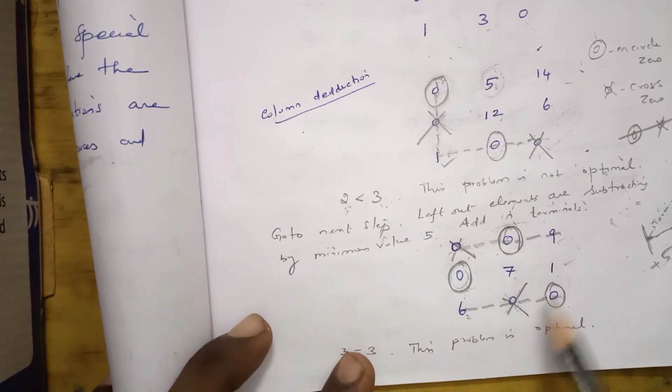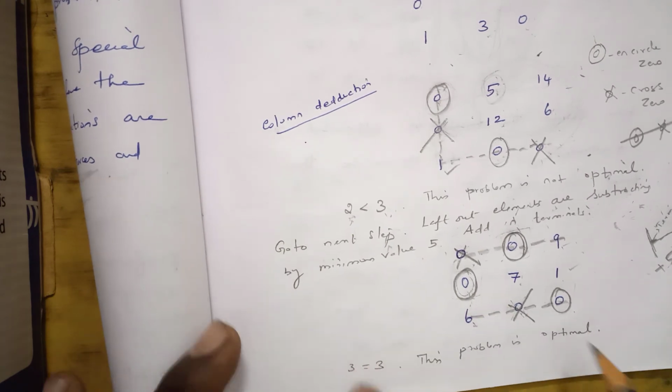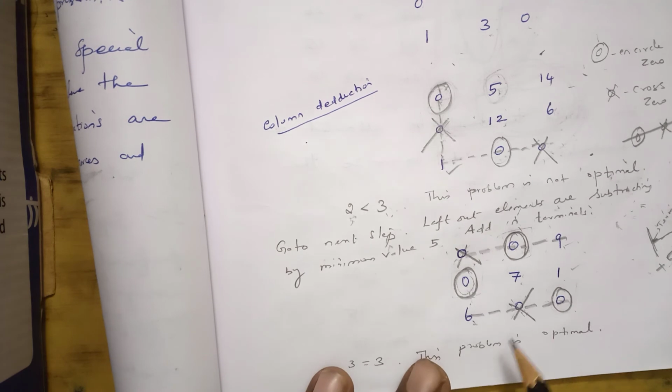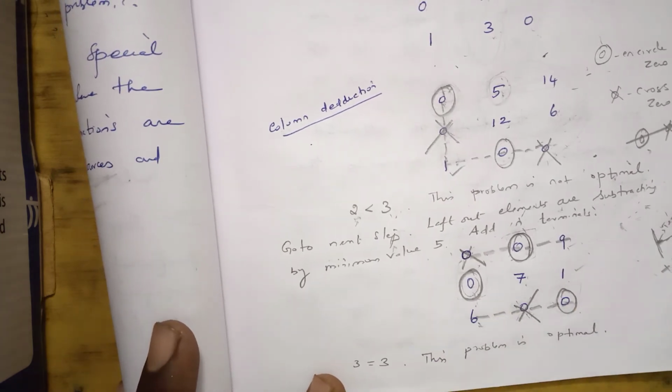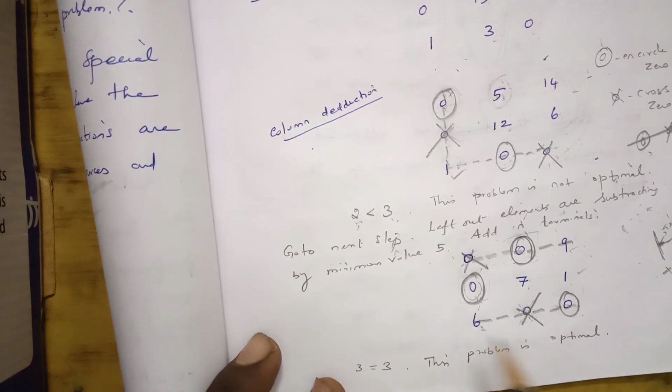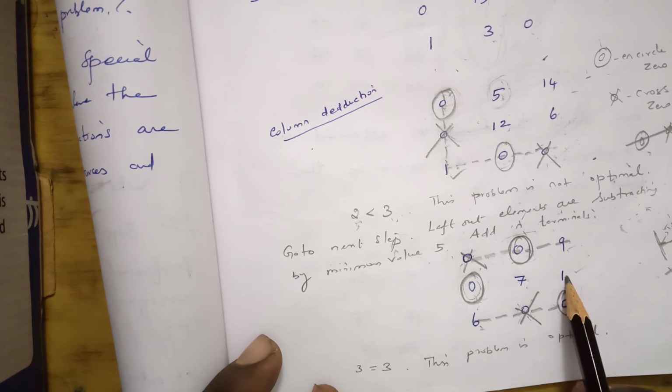Finally only 1 0 is encircled. So we already covered encircled-crossed and encircled-crossed, and finally only 1 0 is there. This can be drawn through intersections. Suppose we take the line in this manner.